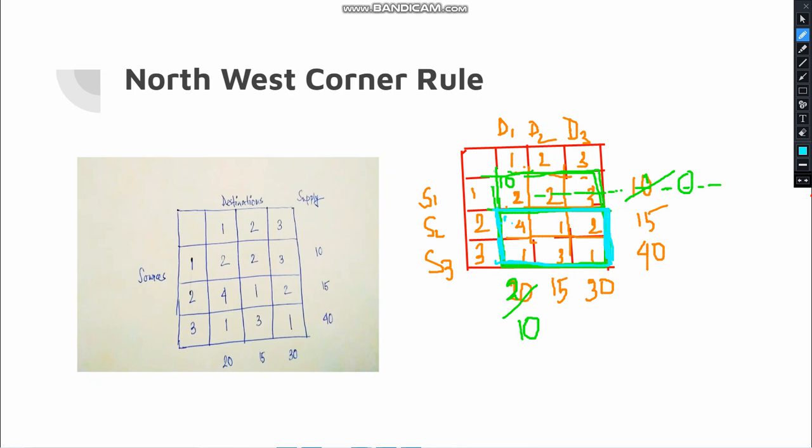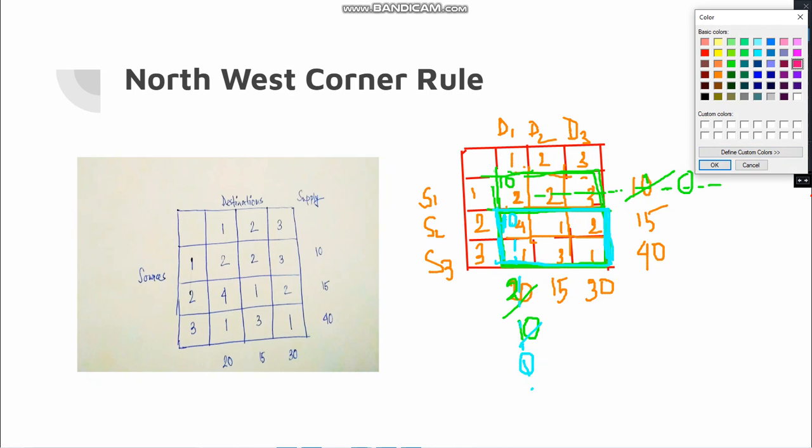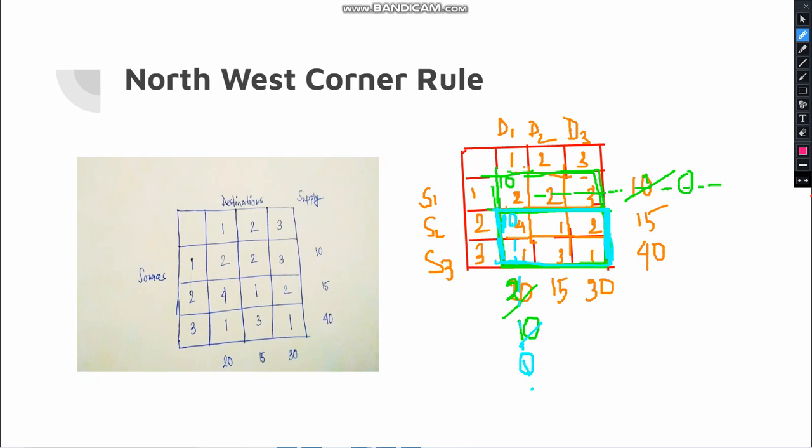So we can give this 10 here, so that this demand is completed. We draw a line which indicates that this column has been exhausted. Now the matrix looks like this. This part is left now.